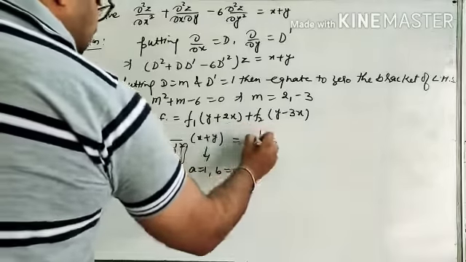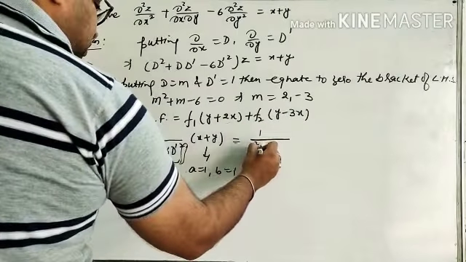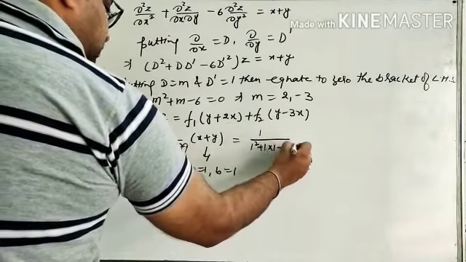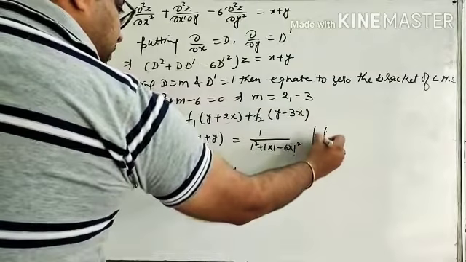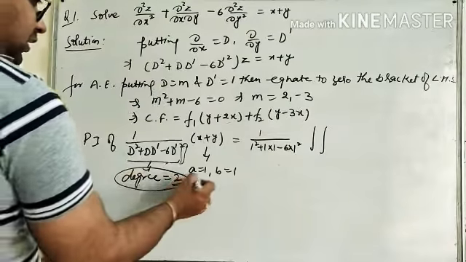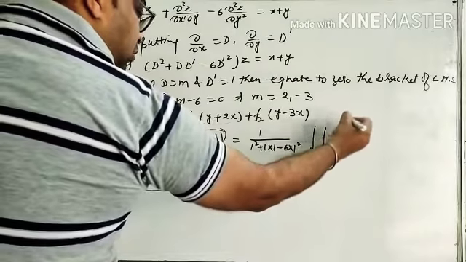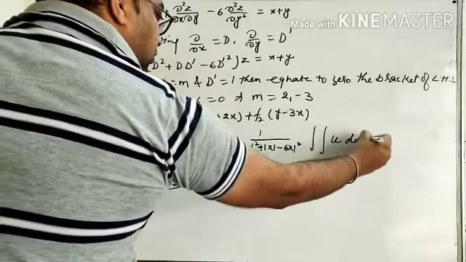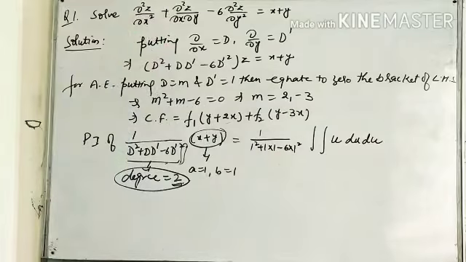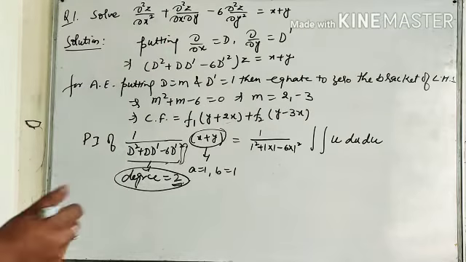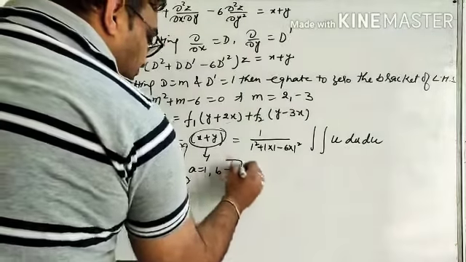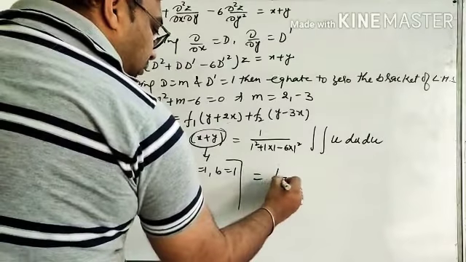That is 1 upon (1 square plus 1 into 1 minus 6 into 1 square), then a double integral based on this degree, and this entire function will convert into u du du. So this equals 1 upon minus 4.